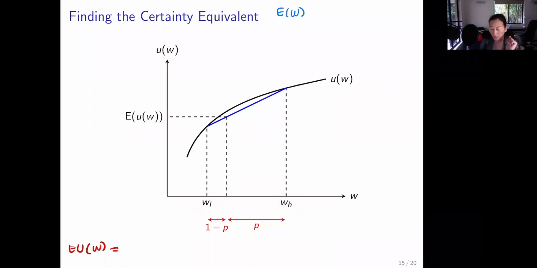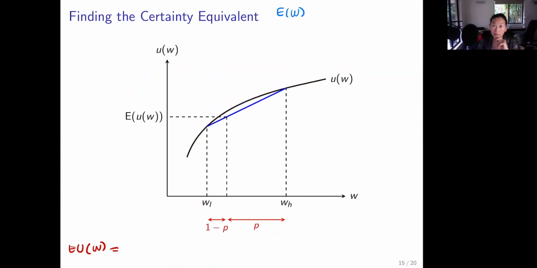If we get the high event, this is the high wealth that we would obtain. If we get the low event, this is the wealth or the outcome associated with that low event. And this is the utility that is assigned across the wealth, which is concave.